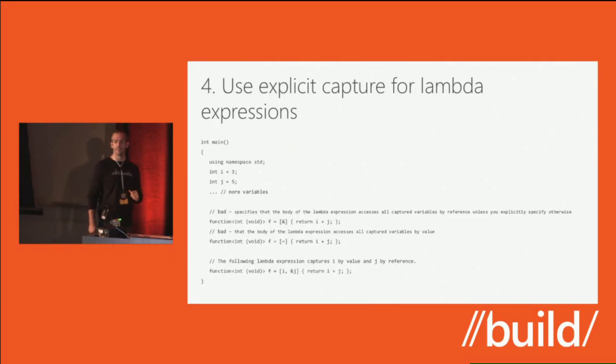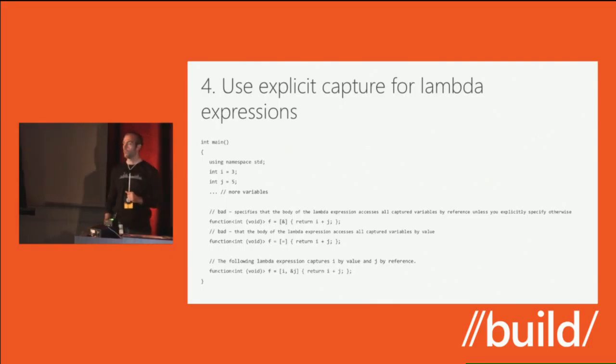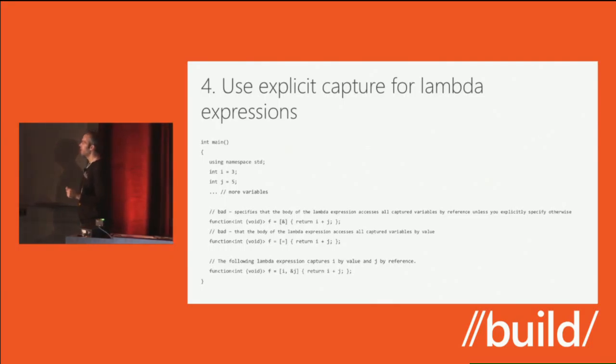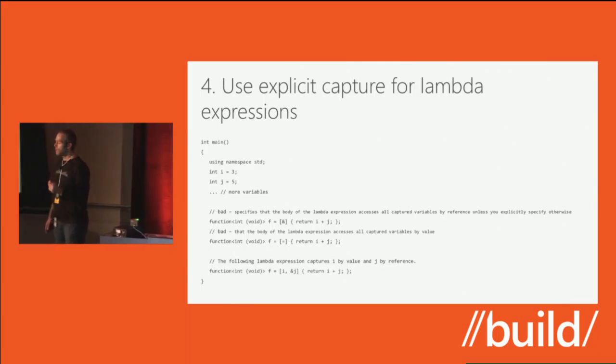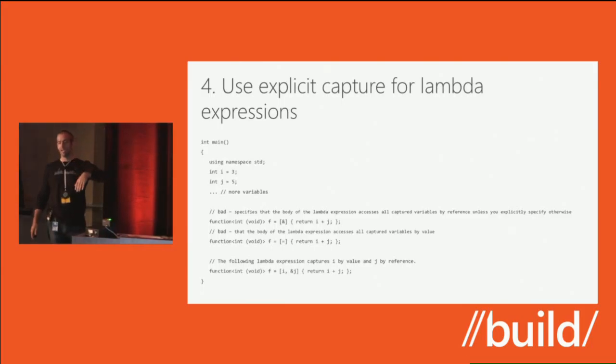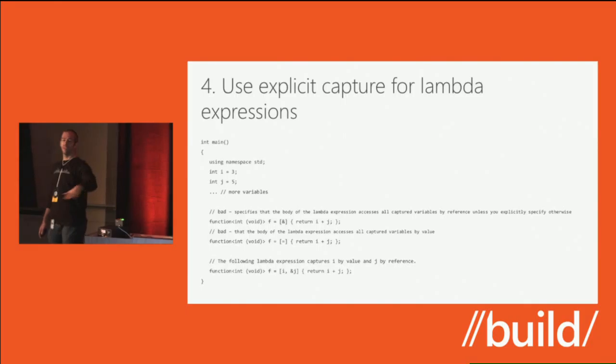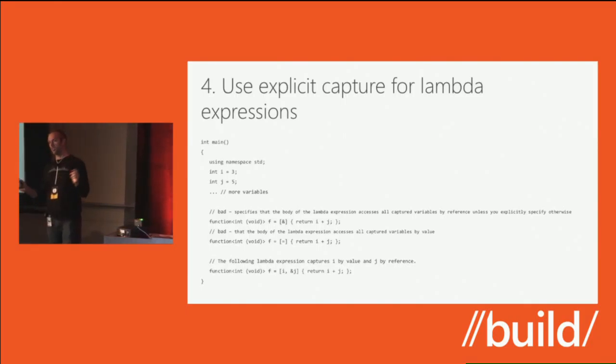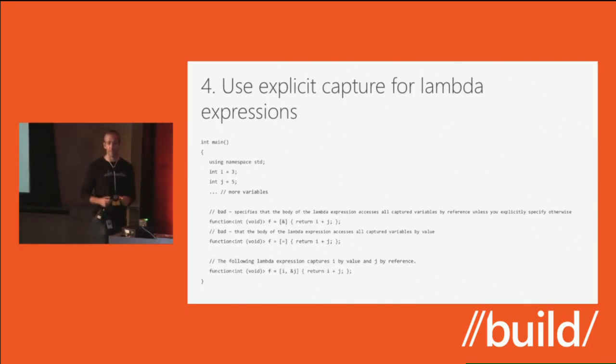Using the explicit captures for Lambdas. Again, this is a lot of code on here, but what we're saying here is, if you don't tell the Lambda what capture you're going to do, you have like a bunch of variables. Like right here I see i and j. Well, what if I had like 12 more variables there because I have this big long function, which is not a good thing, but sometimes you have to.